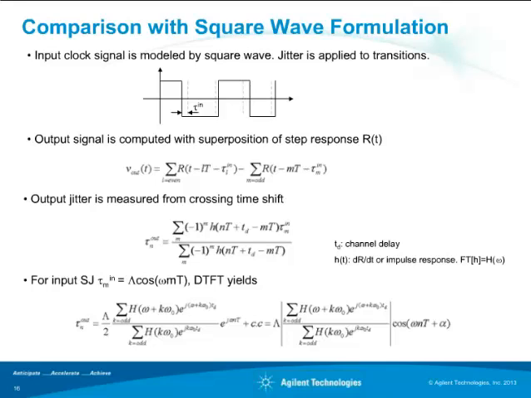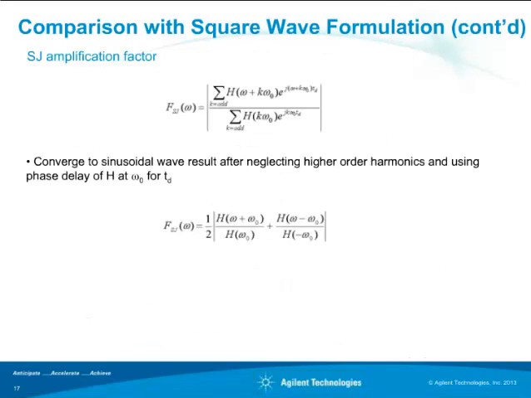And we notice the output jitter is again a sinusoidal with a different amplitude. Therefore, we can obtain the SJ amplification factor within the square wave formulation, which is given by the first formula.